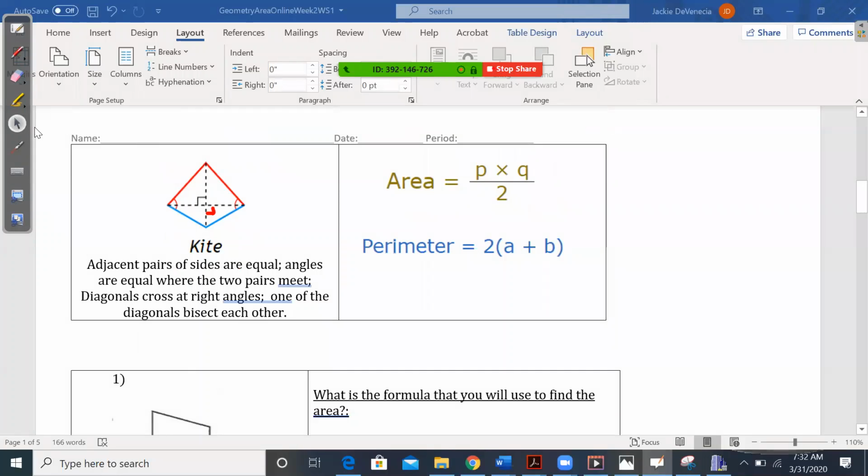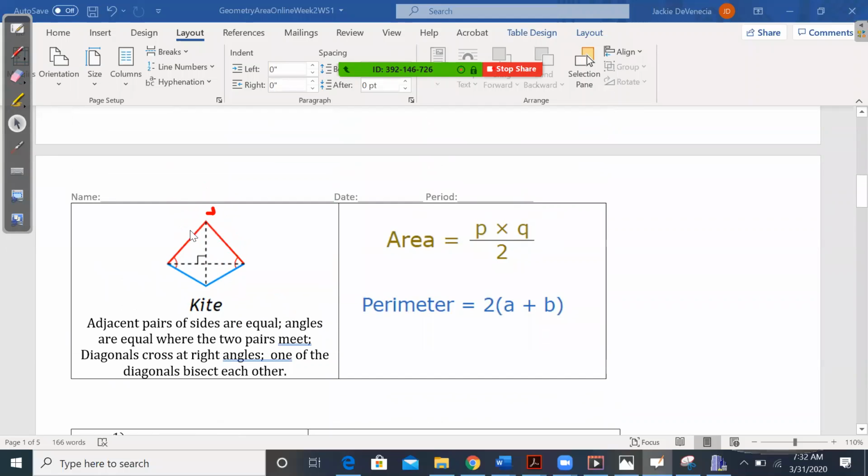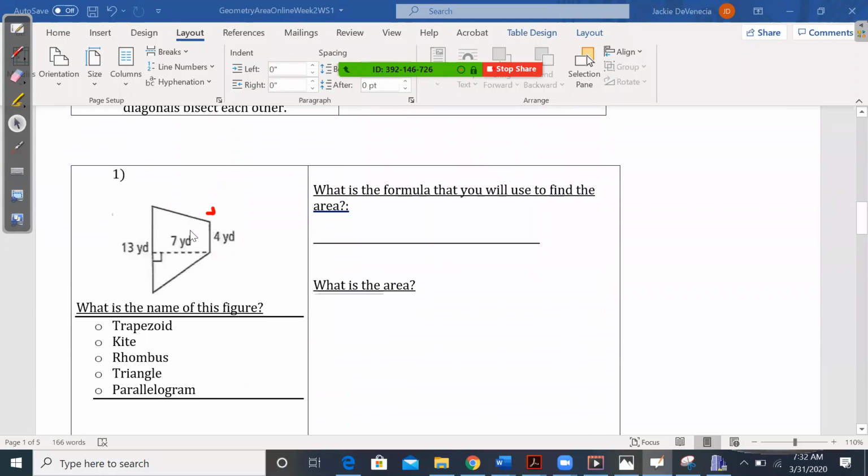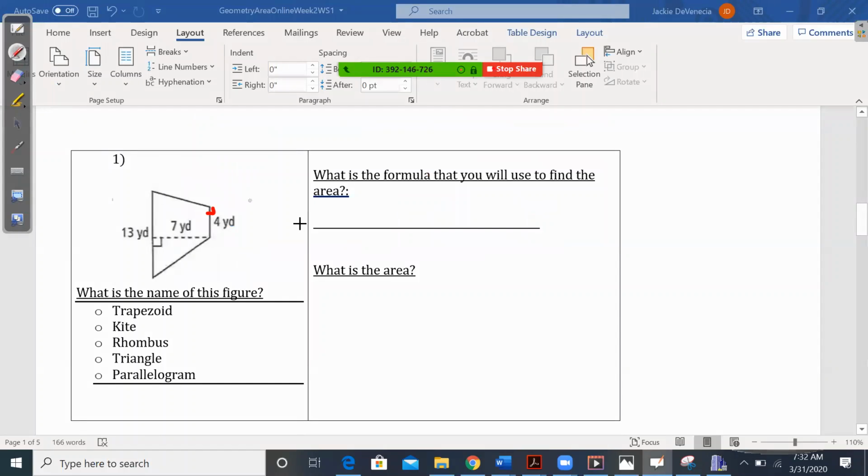Now let's go down to our first problem. We have a figure that looks like this. Before we start trying to find its area, we need to find out the name of this figure. If I just look at it, I have one pair of parallel sides, so that means I'm looking at a trapezoid.